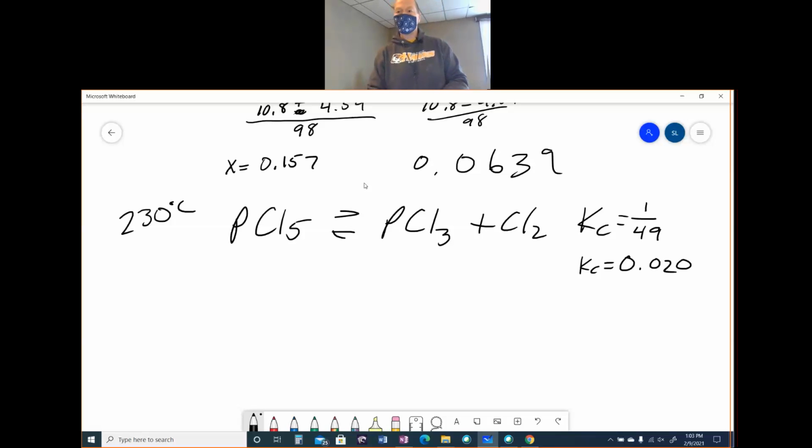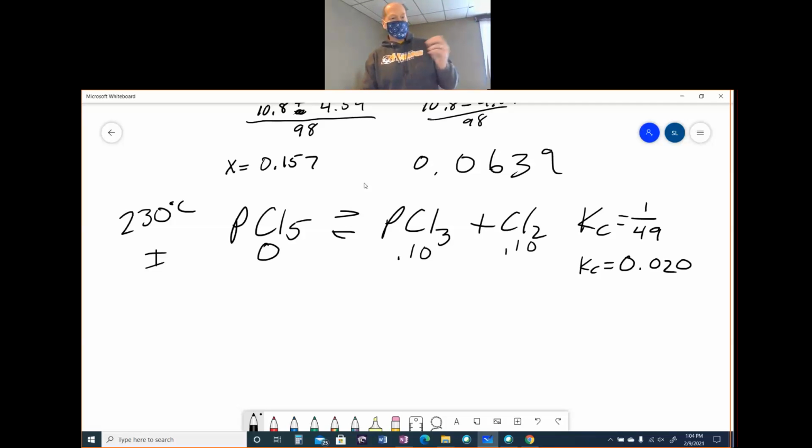All right, so that gets you that. However, our starting concentrations were 0, 0.1, and 0.1. And this is where people don't like this way of doing things. All right. So what you can say is that it favors the reactants.